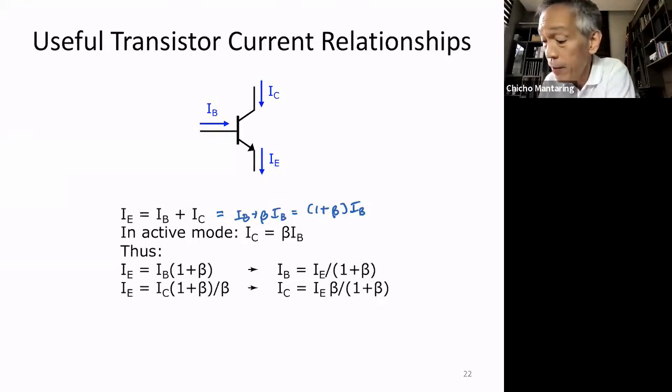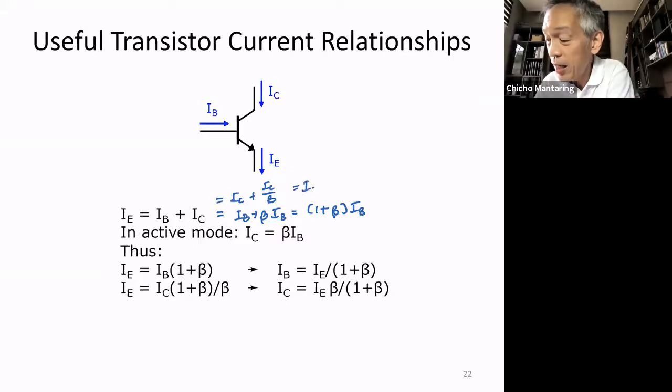On the other hand, I can also rewrite this equation as follows. IB plus IC is equal to IC plus IC over beta. So this is IC and this is IB. So what is this?